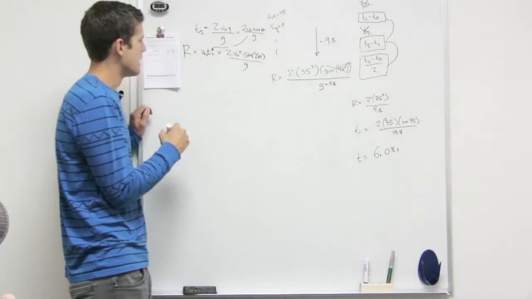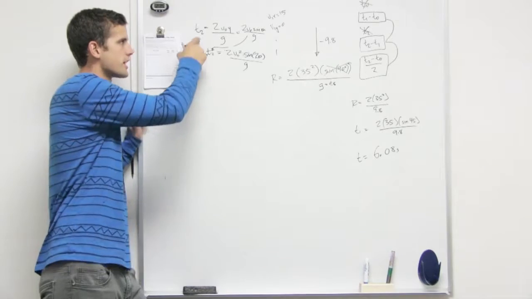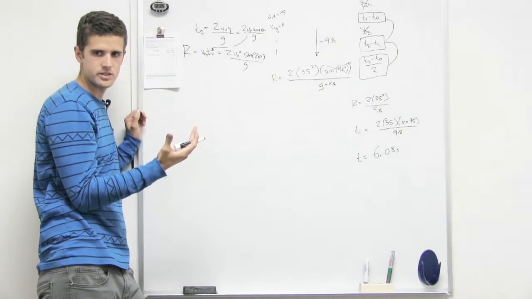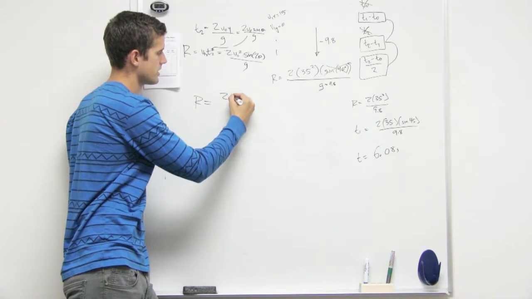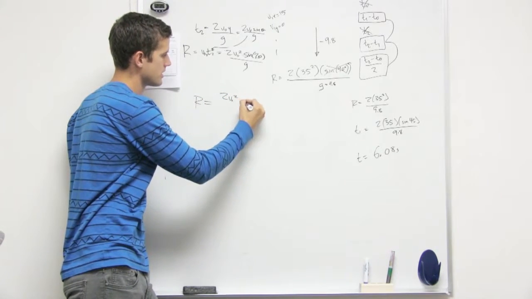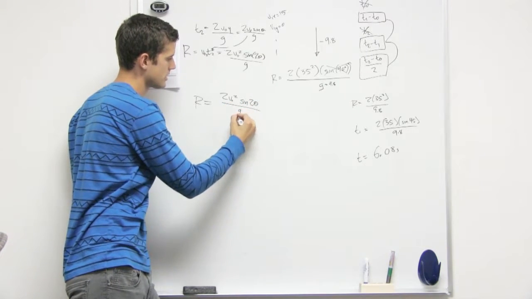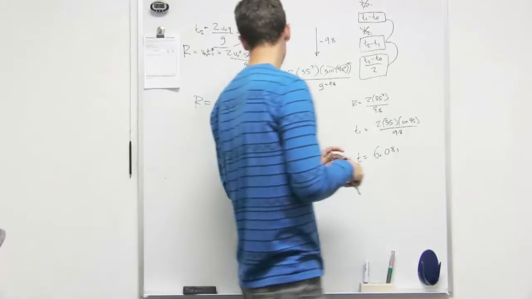You have two equations, one that talks about time, the other talks about range. Which one are you trying to increase? The range. So you take your range equation. Okay. And then, what are your options?